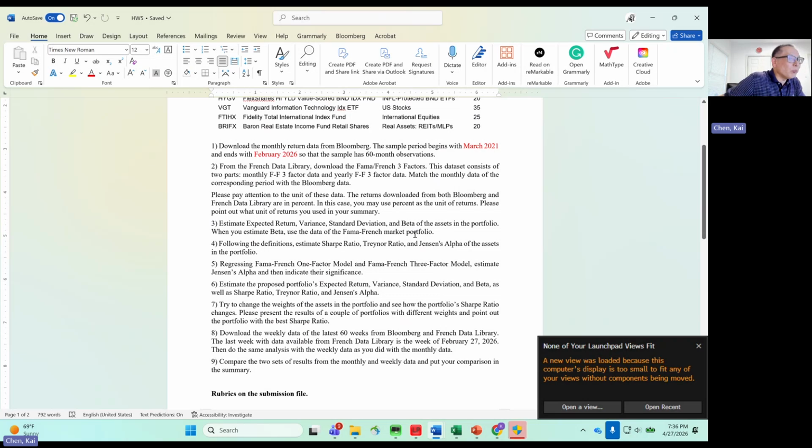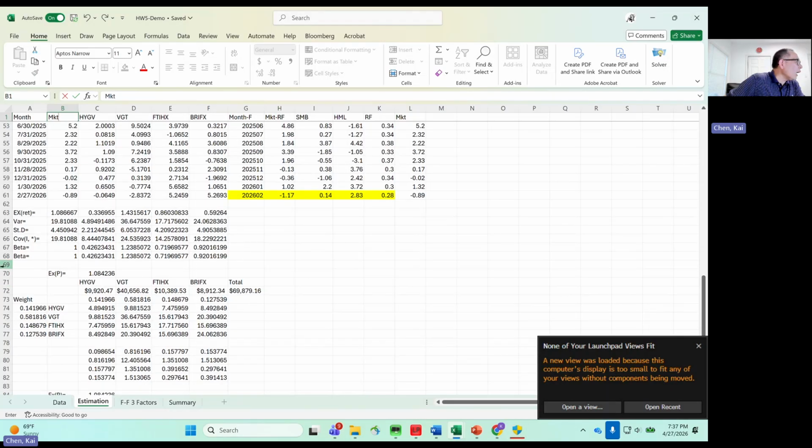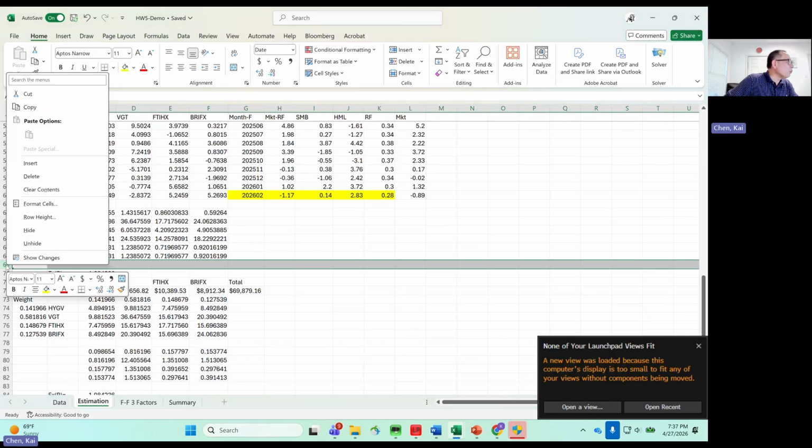We did this in homework 4. And now step 4, following the definition, estimate the Sharpe ratio, Treynor ratio, and Jensen's alpha of the assets in the portfolio. Now let's go to our Excel. I'm going to have more rows here.